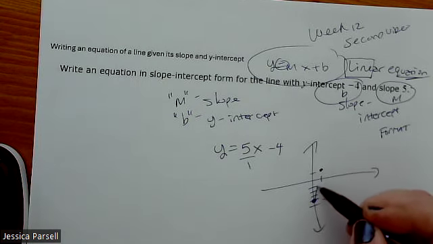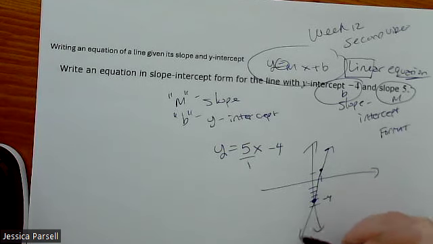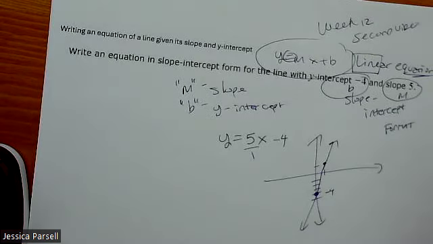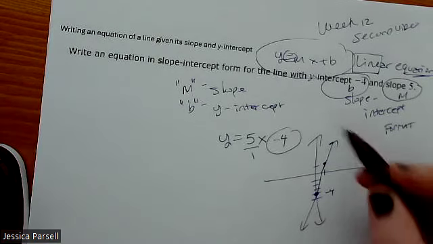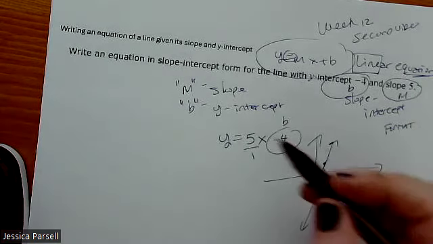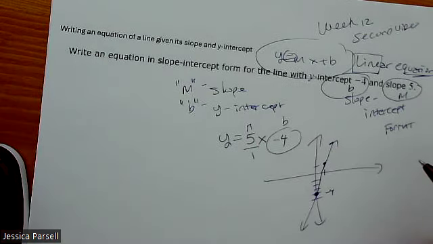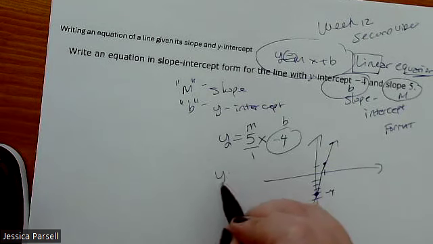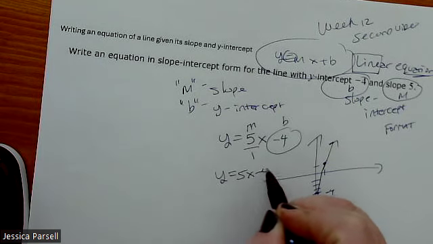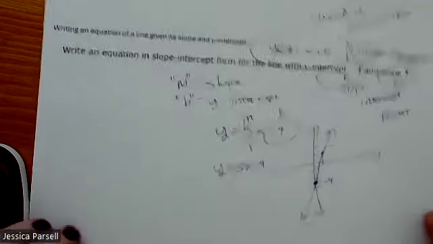So it would look like a line if you were to graph this on a graphing calculator. That's a terrible line, but it would look something like that. So this is where it crosses the y-axis. That's your b. And your slope is going to be your m, which in this case happens to be 5. So in ALEKS, you will type in y equals 5x minus 4 and walk away.